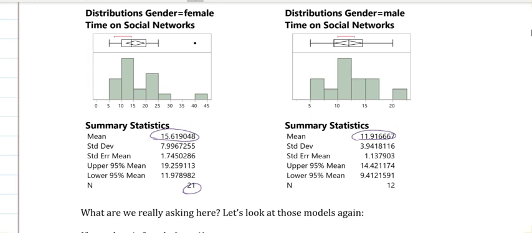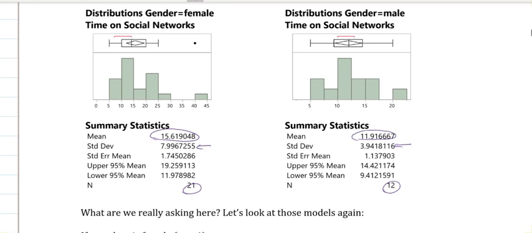But then we also see that there's variability around those averages. And that means that the difference is going to have variability too. We're not always going to see this exact same sample difference of about 3, right? And that variability is going to change from one sample to the next because of these different sample sizes.